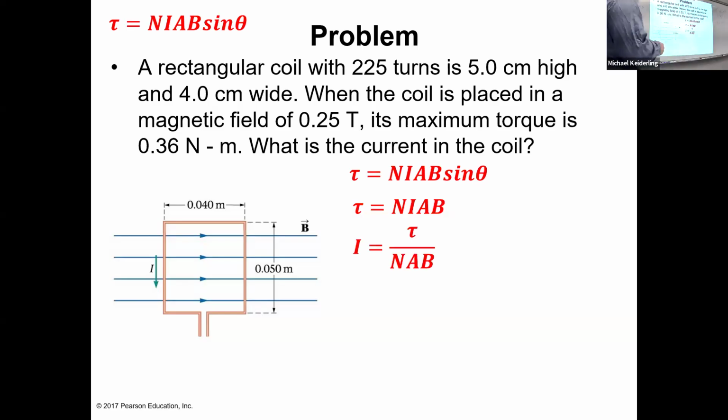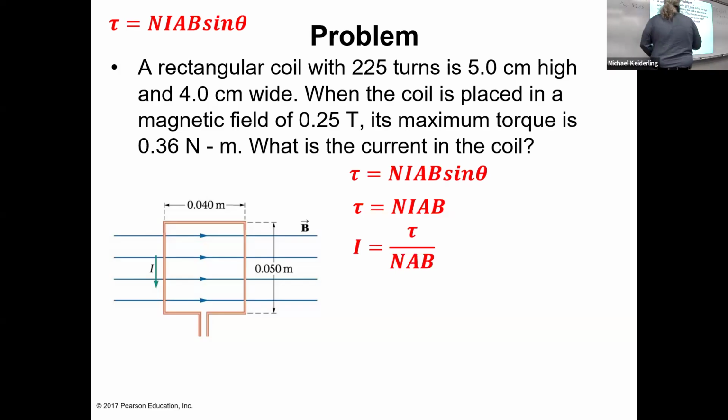We want to find the current. We know the torque. We know N. We know the height and the width, so we can find the area.